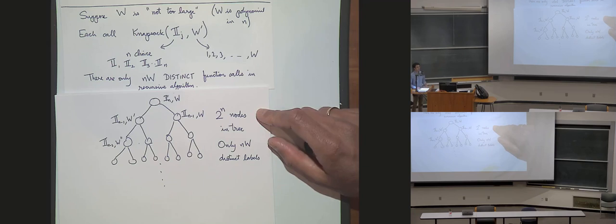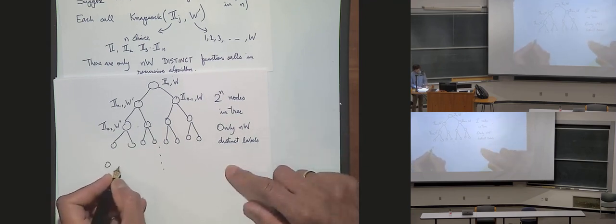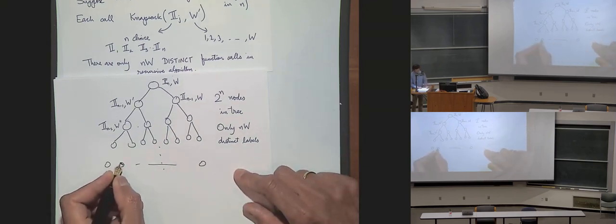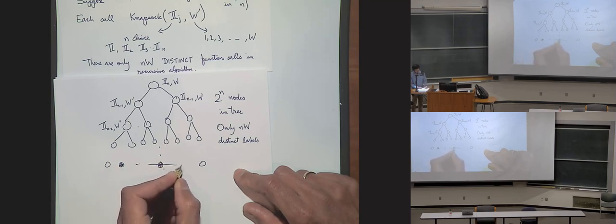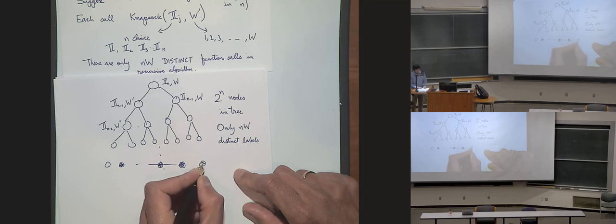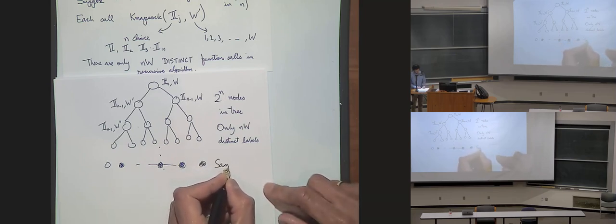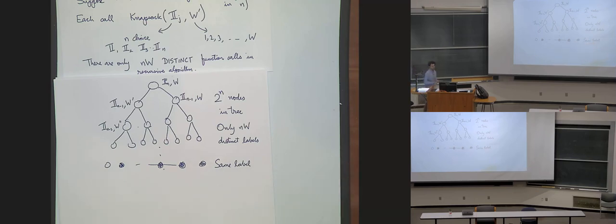What this means is if you go further down into the tree at some level, many of these would have the same label, meaning that it's the same function call just being duplicated in the recursion tree. So instead of calling it so many times, you should only call it once and store the value.